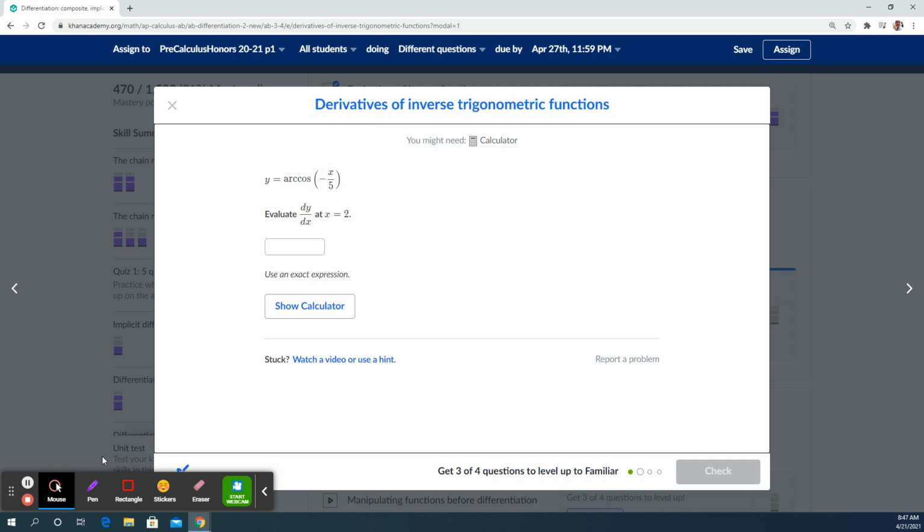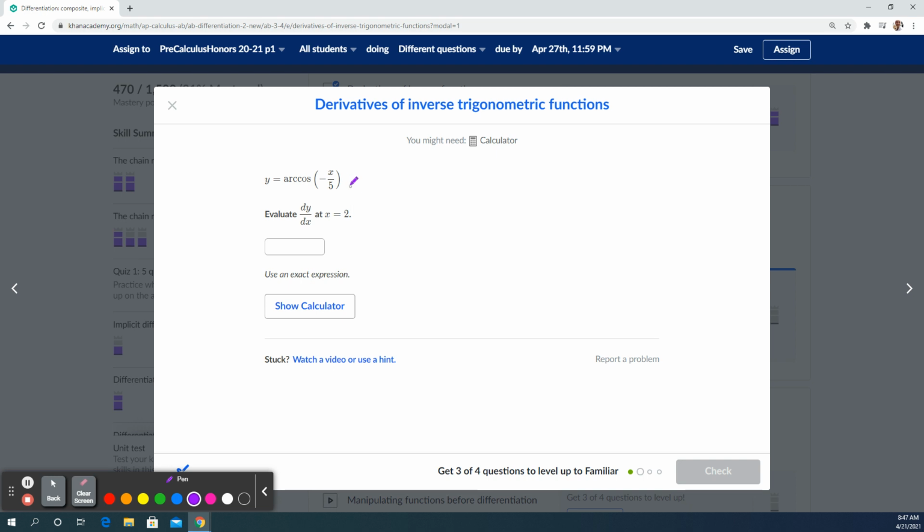All right, so the first thing I want to do is write this in a form that's easier to do the derivative on. So this would be equal to y equals arc cosine, and remember that can be written as cosine inverse of, now when it's a 5 on the bottom, I want to pull that out front so I can see it as a coefficient.